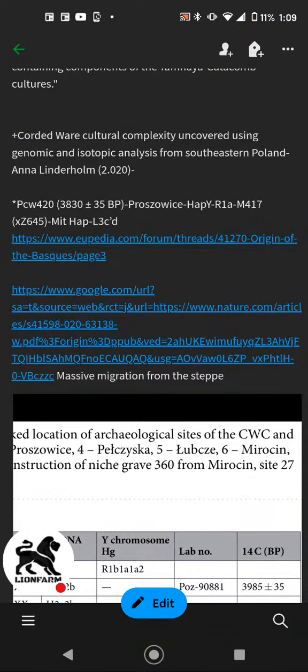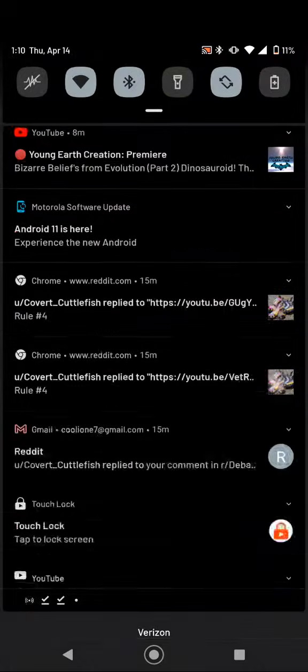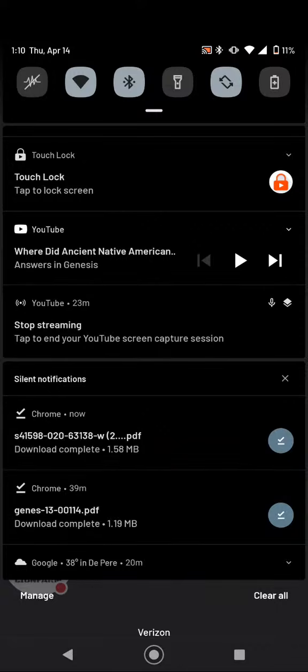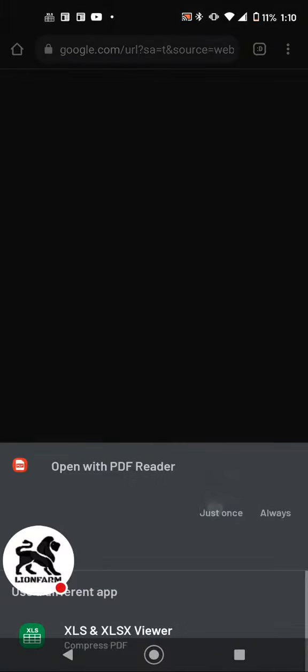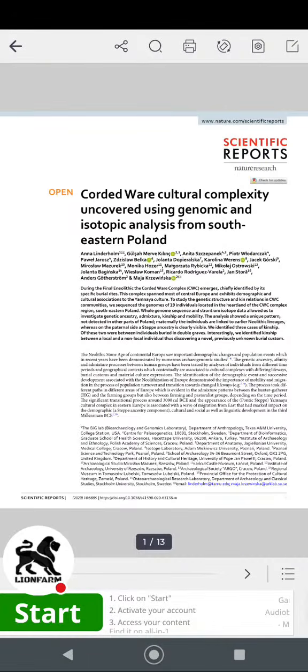So it's a paper about a massive migration from the steppe. The steppe is basically above the Caucasus Mountains, around Russia, around that area. It talks about how there was a massive migration there, and a lot of things happened.